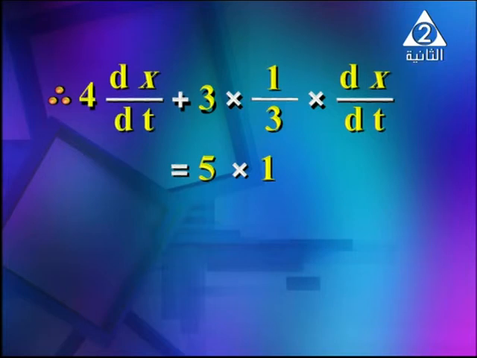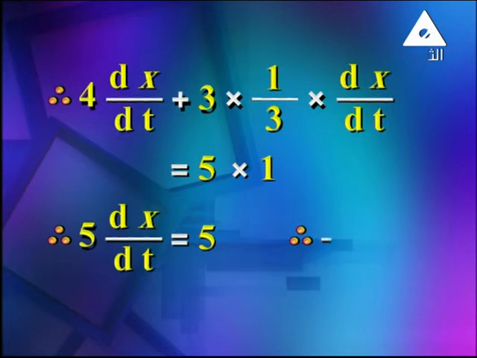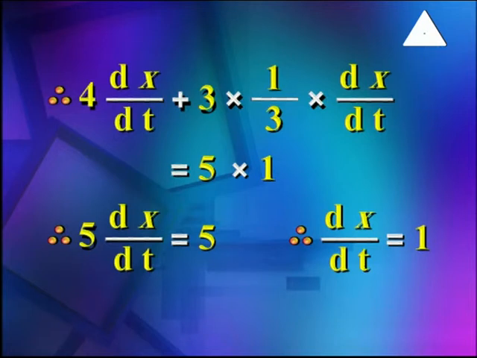If we have the two legs 4 and 3, then the hypotenuse is 5. Then the value of dx over dt, by using a calculator, equals 1. The rate of change of x with respect to time t equals 1.